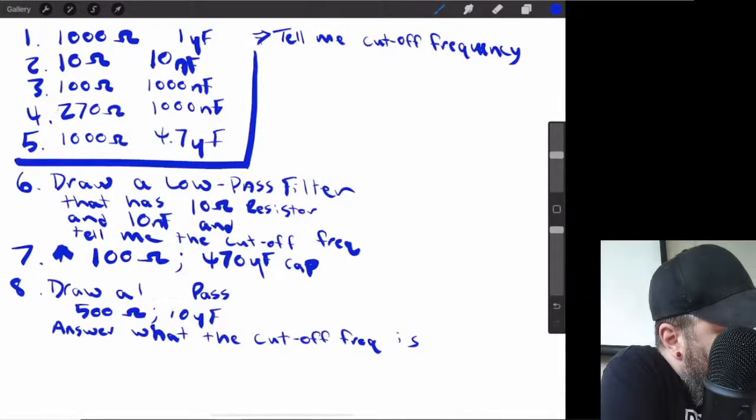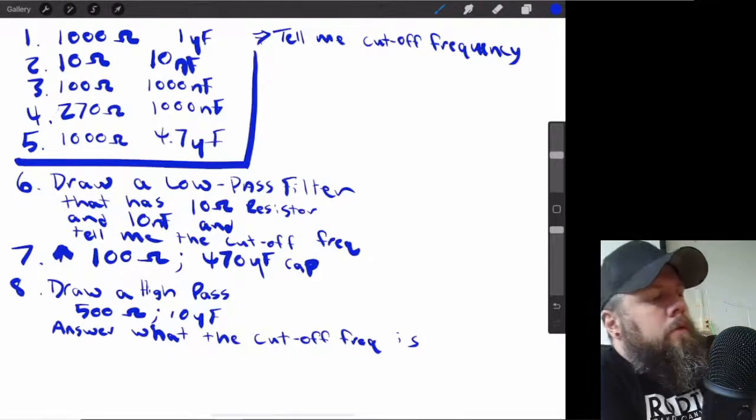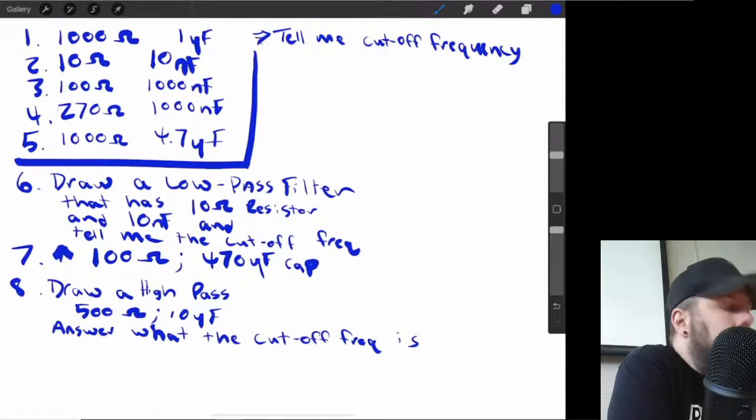I'm sorry. 6 and 7 should be low pass. 8 should be a high pass. Okay? I'm going to take a picture of that so I know what I'm looking for. Okay? 10 nanofarad.